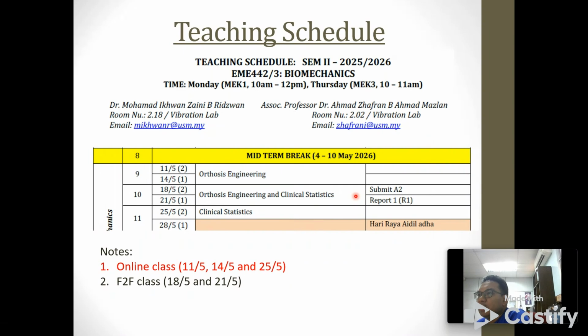I will provide this in the next lecture. Then there is some clinical statistic calculation, how to calculate the effect of orthosis engineering solutions, whether effective or not. That's it, I only cover these 3 weeks.